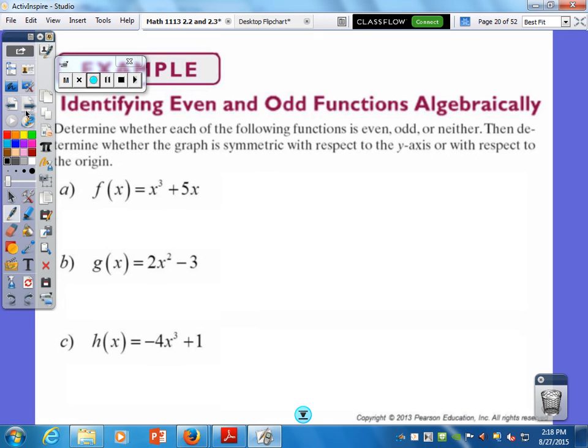All right, so from an equation, we should be able to identify if it's even or odd or neither. So let's review. If it is even, then this happens.